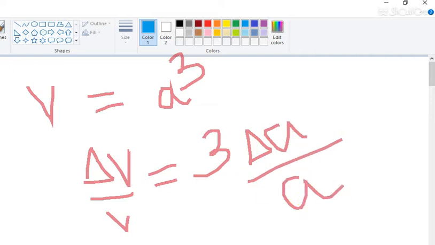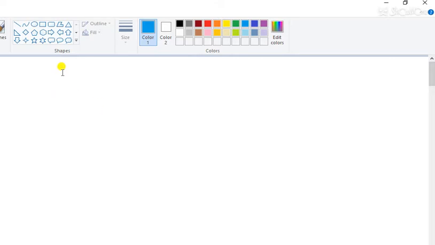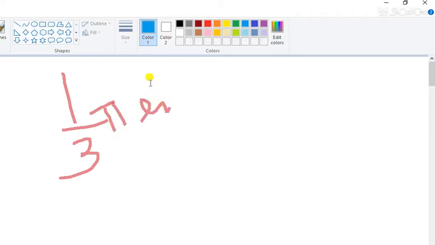I hope this is clear. Okay, now in the same way, volume of cone is 1 by 3 pi r square into h.